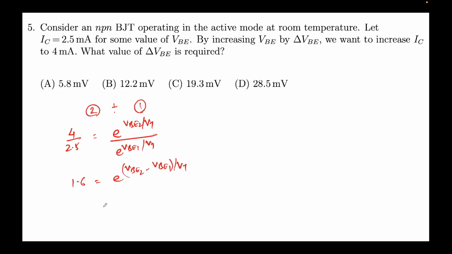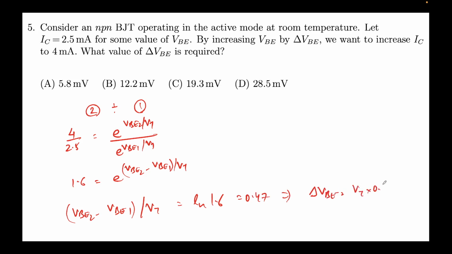I'll take natural log on both sides, so VBE2 minus VBE1 over VT equals ln of 1.6, which is 0.47. This implies delta VBE will come out to be VT times 0.47. If you multiply it by 26 millivolts, that's coming out to be 12.22 millivolts. 12.22 is our option B over here.